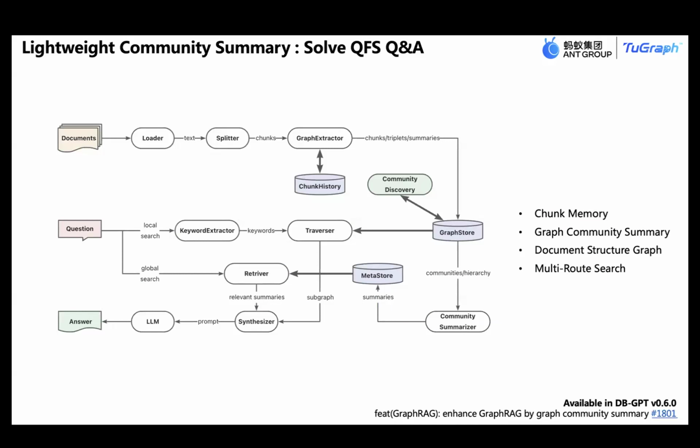And then when Microsoft released their GraphRAG system, I proposed a new PR about lightweight community summary to solve the QFS QA problems. And we gave some improvements, which include the chunk memory to discover the relationships between chunks, and use a graph community summary algorithm on our GraphDB systems like Leiden, Louvain, or other community discovery algorithms.